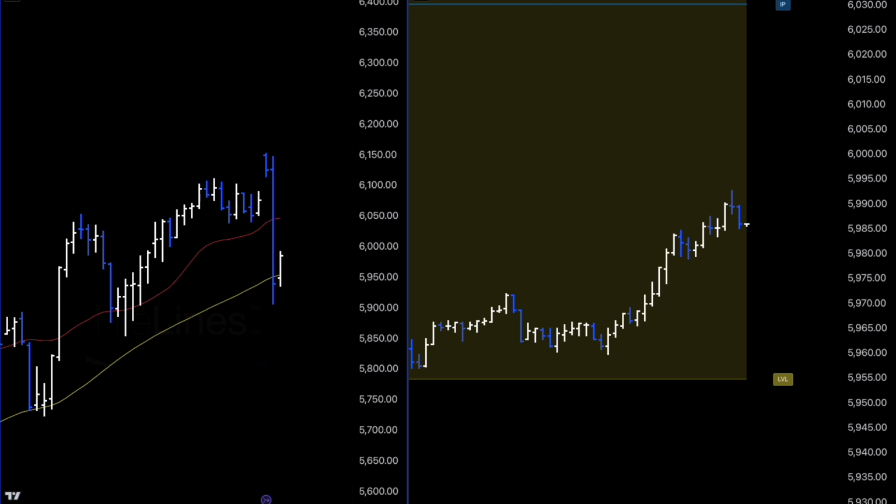So in this case, take a look at the S&P 500. On the left, we have a chart of the daily. And we can see here, apart from yesterday's damage, that huge candle that came screaming down, the market was going up. That red moving average is a 20-day simple moving average, and the yellow one is a 50-day simple moving average.